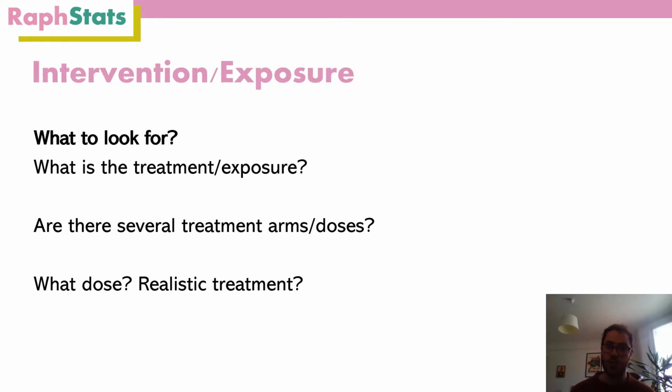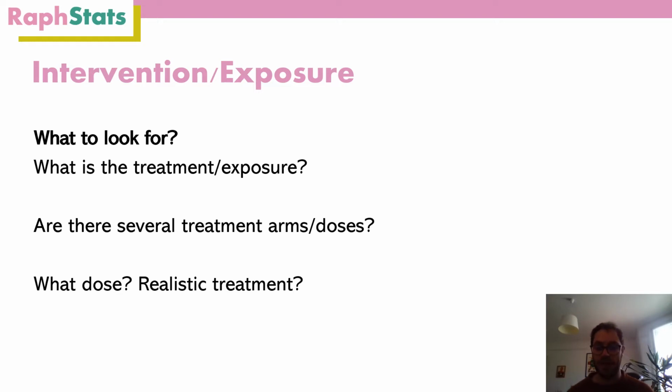Intervention and exposure, what are we looking for? Well, we want to look for what is it? It will tell you what dose it is, and we want to look at are there several arms and doses, and why have they included those? So an arm is just another treatment. So often you'll have your main treatment, and you might have a high dose and low dose as separate arms, or you might combine them, and you might have one or two things that you're comparing them to.